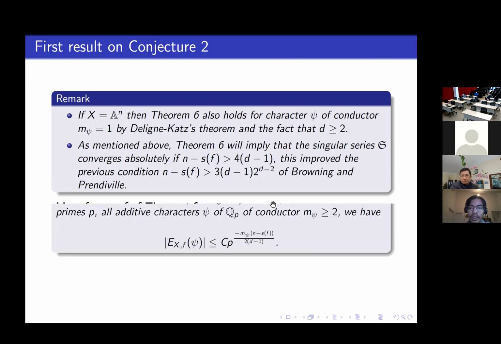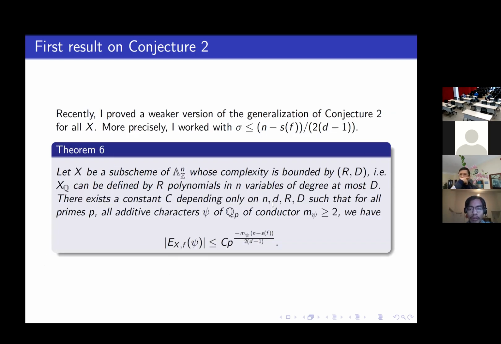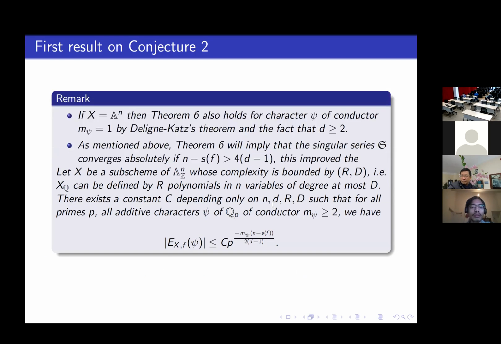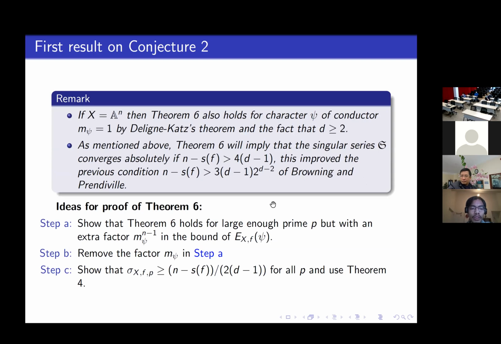I recall that in Theorem 6 we only have C times p to the power minus m_ψ times (n minus n_F) over (2d minus 1). But in the first step I want to show that Theorem 6 holds if we have an extra factor m_ψ to the power n minus 1 on the right-hand side. And in step B, we try to remove the factor m_ψ to the power n minus 1 from step A.